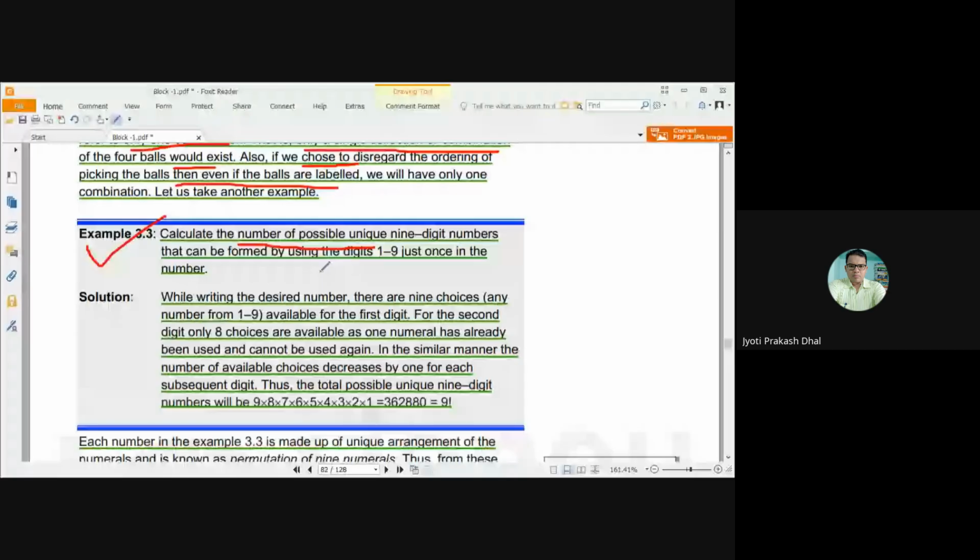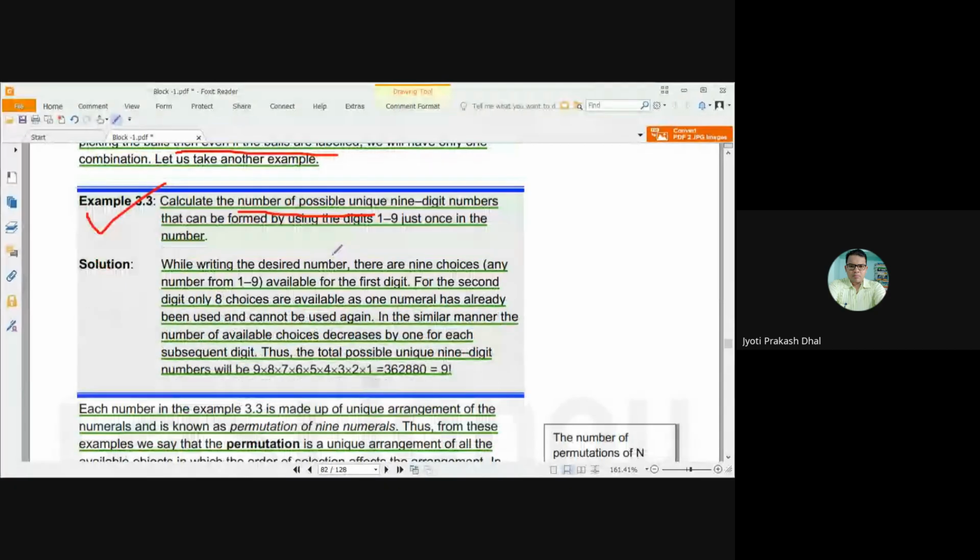While writing the desired number, there are 9 choices available for the first digit.